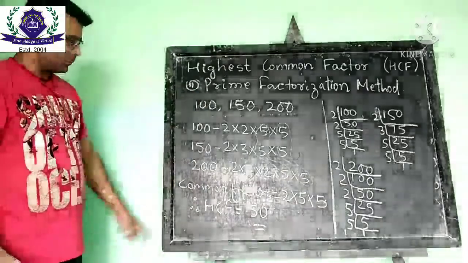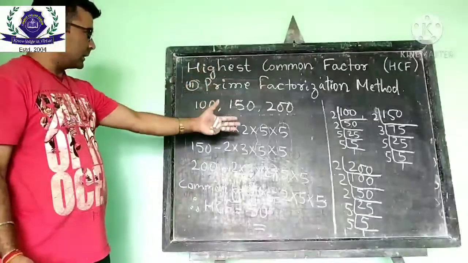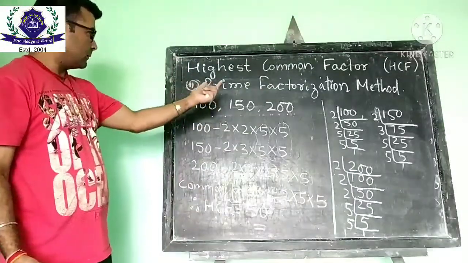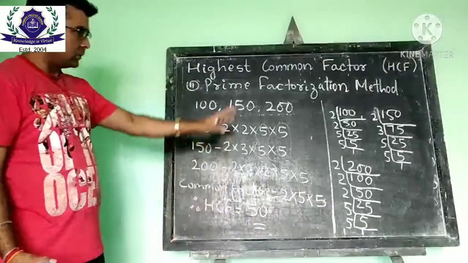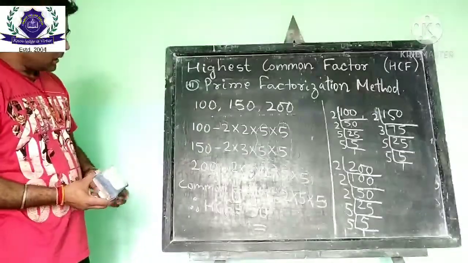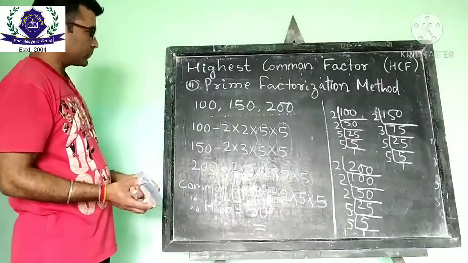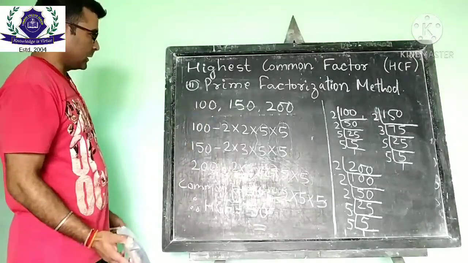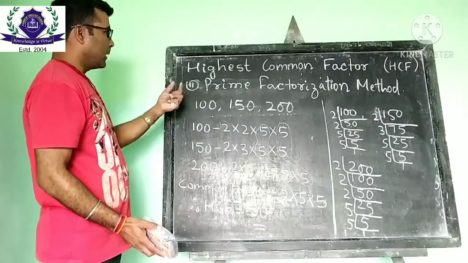In the first method also we found 50 as the highest common factor, and using the second method, the prime factorization method, we found HCF 50. So this is the second method to find HCF. So this also you can write in your copy and practice it.